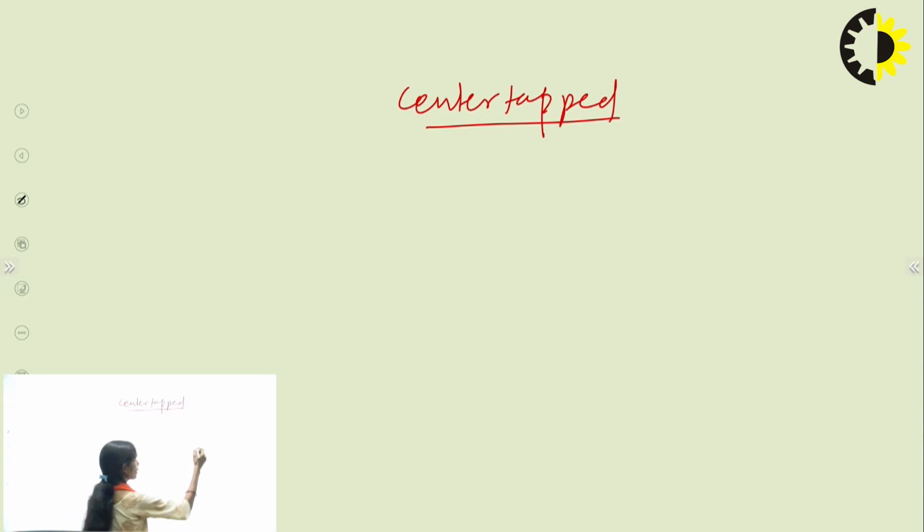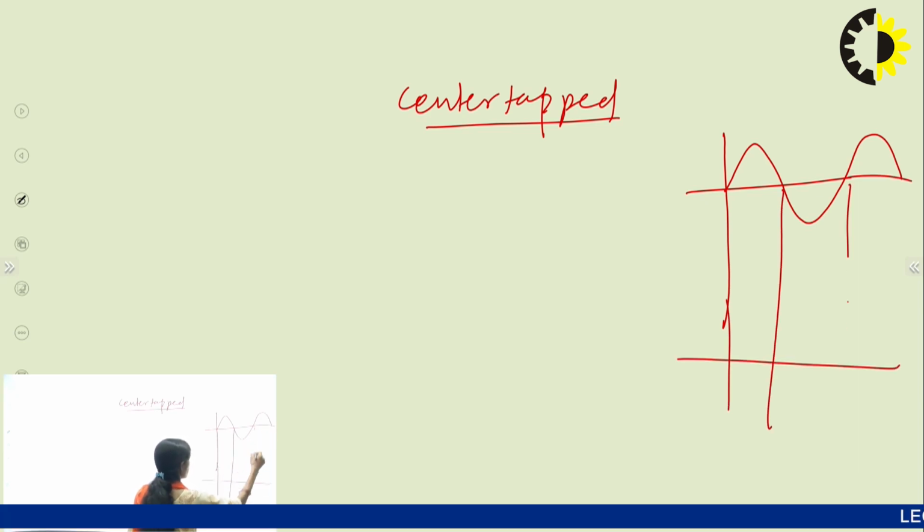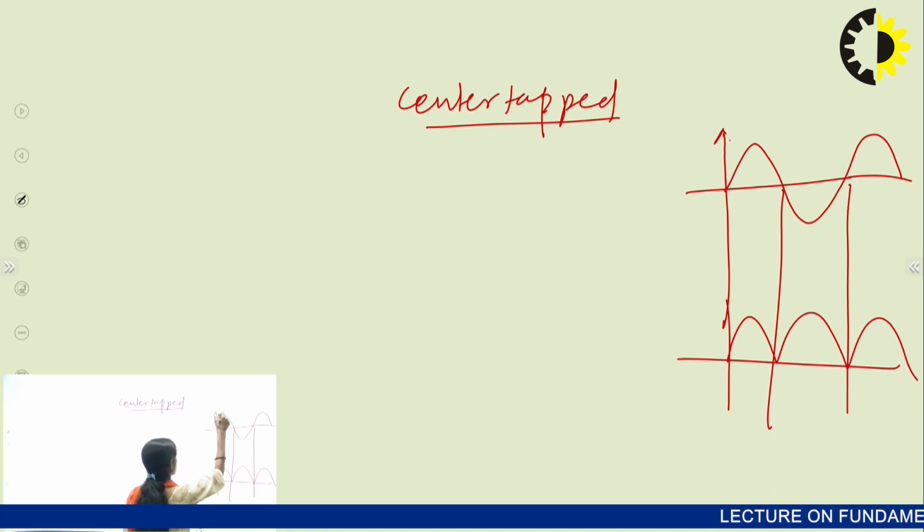In a full wave rectifier, we have this input and the obtained output is utilizing the full cycle, both the cycles. We have the input Vin and this output.